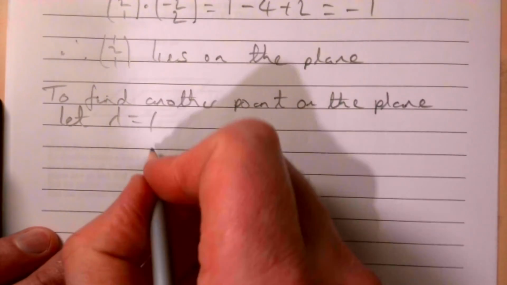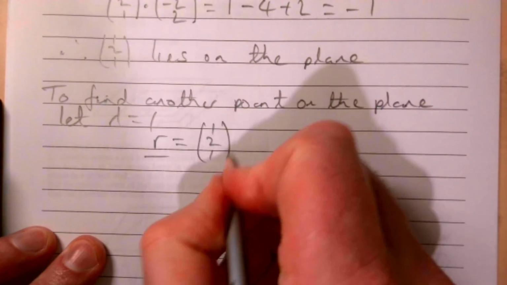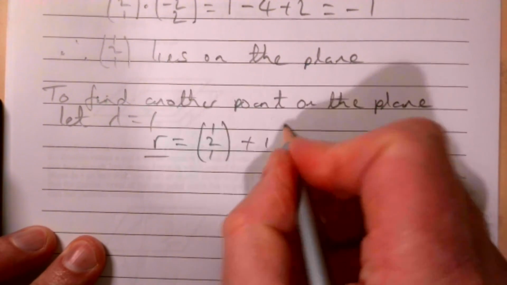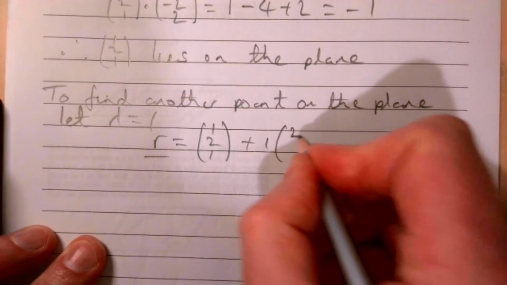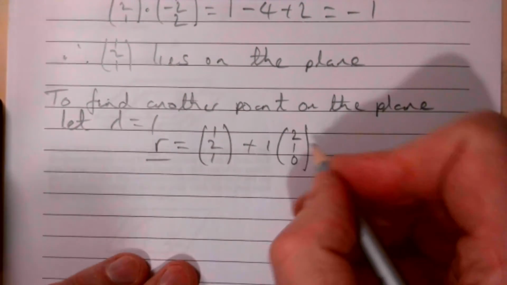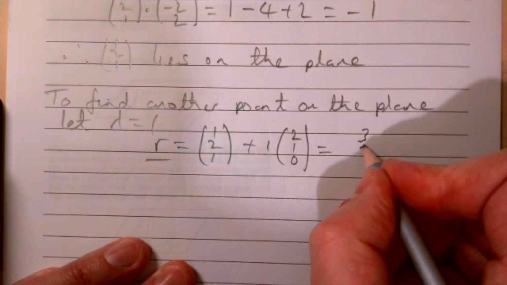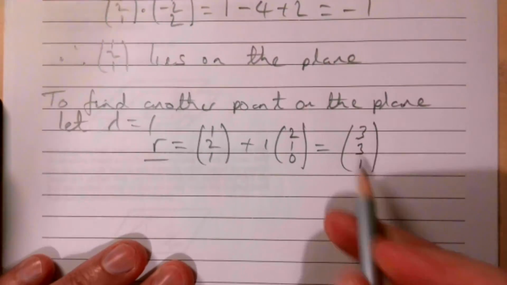So that means we're going to have r equals 1, 2, 1 plus 1 times 2, minus 1, 0. So that's going to give us the point 3, 1, 1. So that's another point on the line.